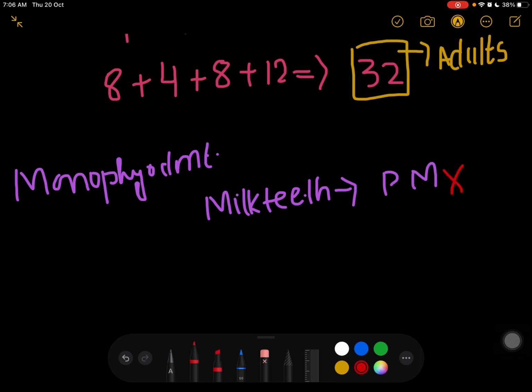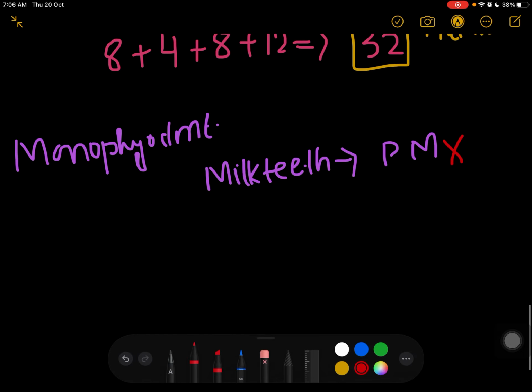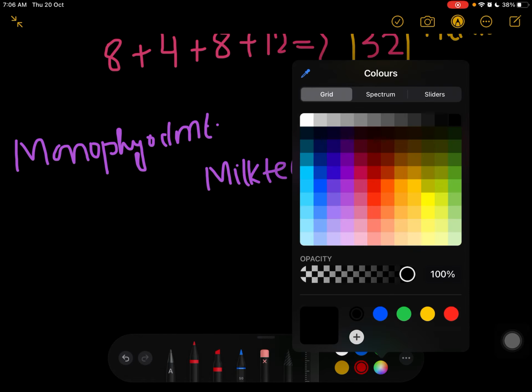Premolars are not present. Premolars are in permanent teeth. And how many premolars are there? There are 8 premolars, right?